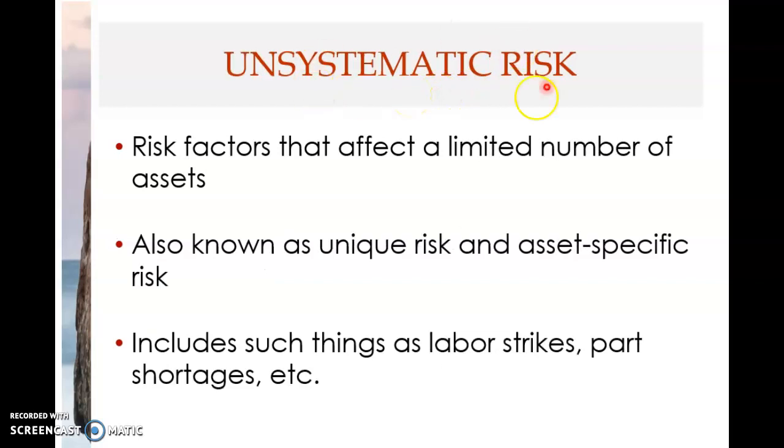Now let's look at unsystematic risk. Unsystematic risk are risk factors that affect a limited number of assets, maybe one or two, not too many, or a single asset, a single stock. So this is also known as unit risk or asset-specific risk. So there are three names here: unsystematic, unit risk, or asset-specific risk.